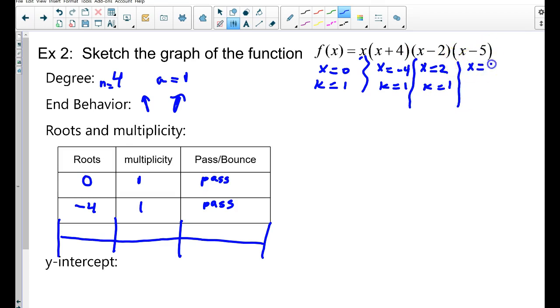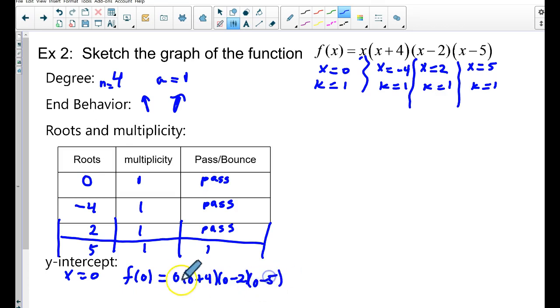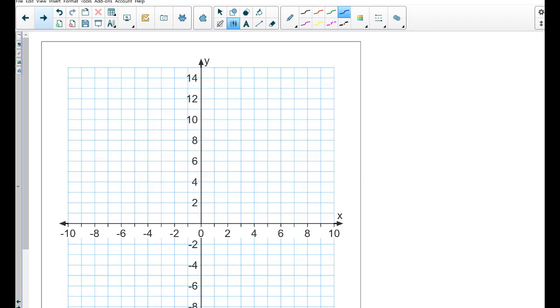And we have a root at 5 with a multiplicity of 1. To get the y-intercept, you're going to set x equal to 0. And 0 times anything is 0, so we see that that whole thing is going to be 0. And that's enough information for us to graph this.